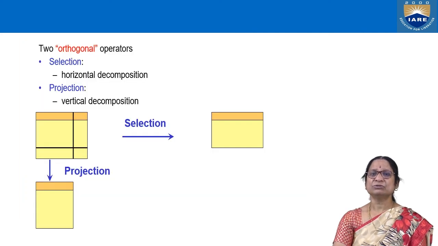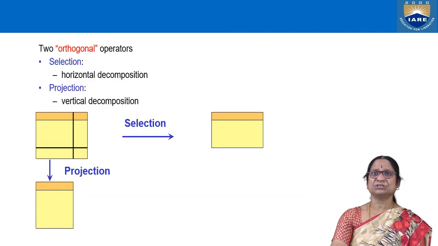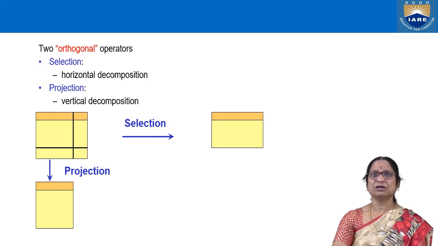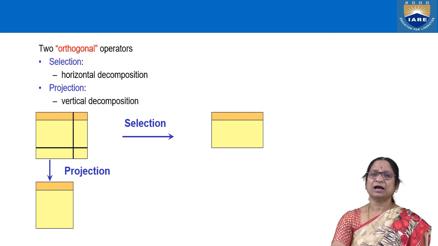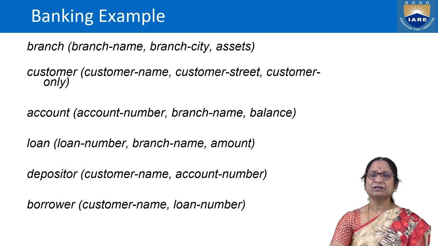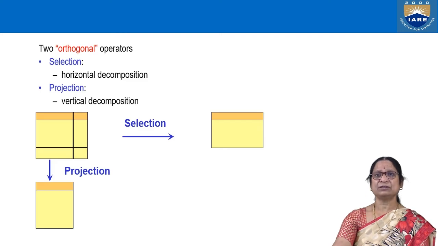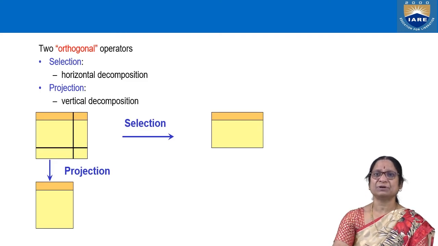Right? So the combination, selection, projection, selection horizontal decomposition, vertical decomposition, and this combination can also be used by us as per our need actually. Right? So these are the basic operators of the relational algebra.